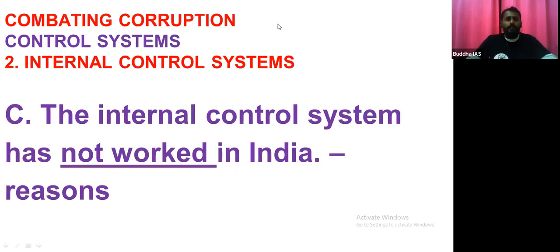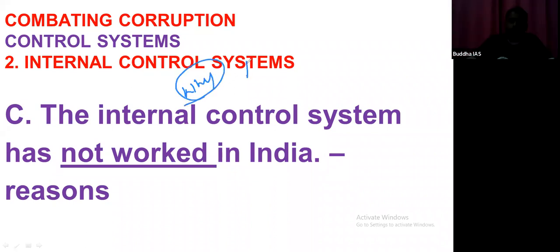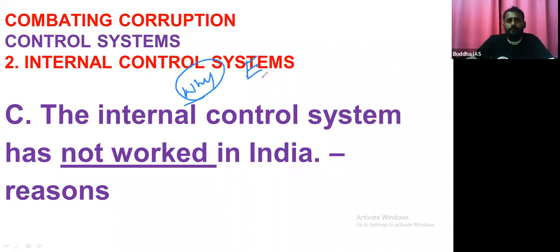In India, the internal control system has not worked. Why? Can anyone think of why? Internal control system means the executive controlling the other executive, and it is not working. Why is it not working?